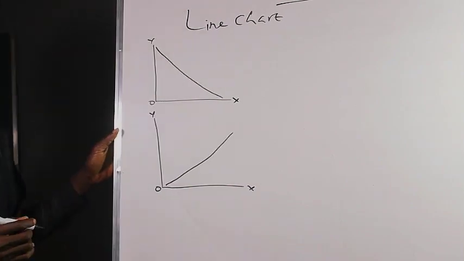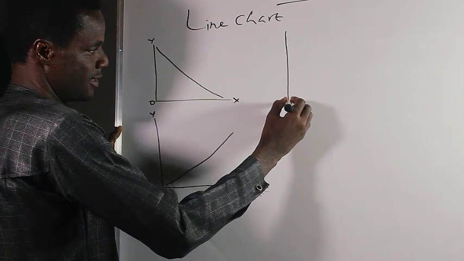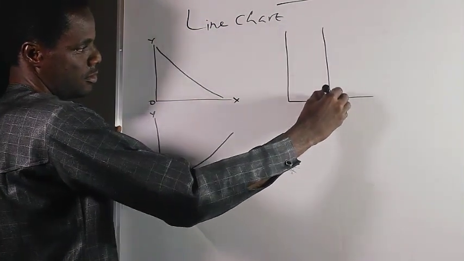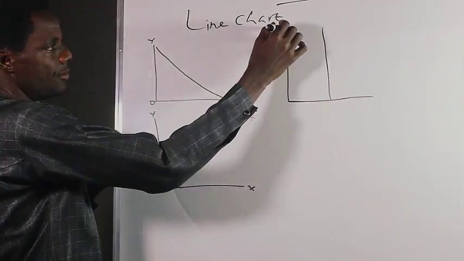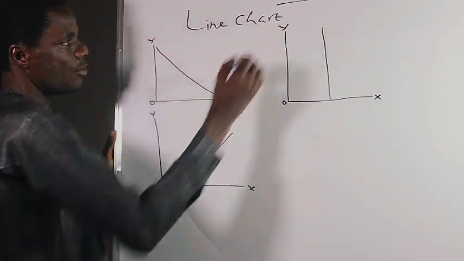So this is another line chart. And it can also slope vertically without taking any shape. So this is another line chart. Depending on the information that we have, will determine the size of the line.